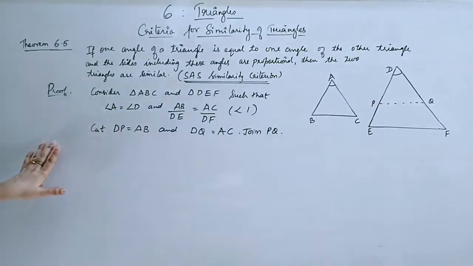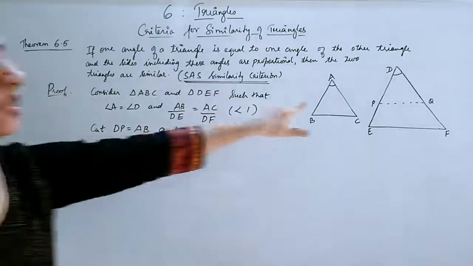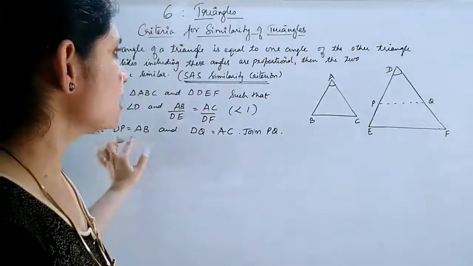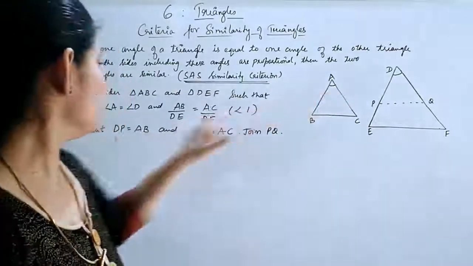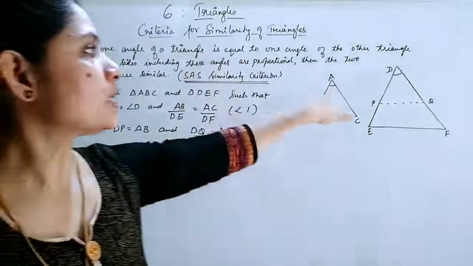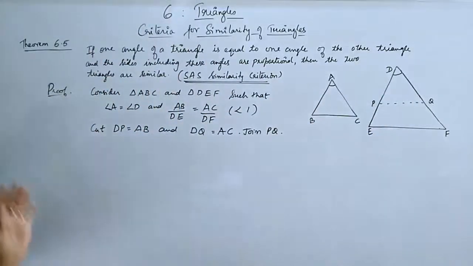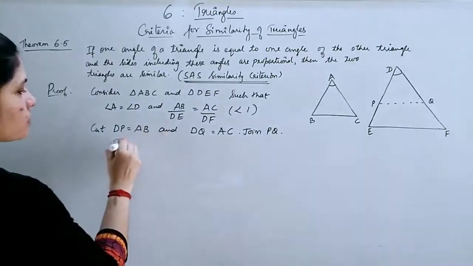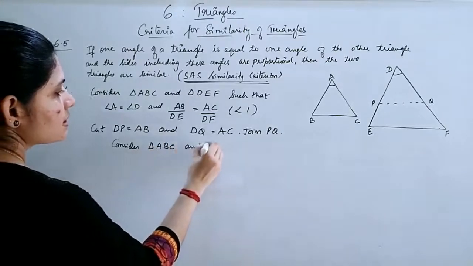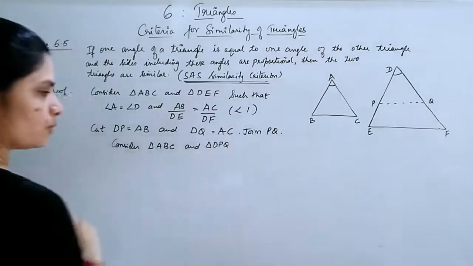Now our purpose is to show that these two triangles are congruent. For that, we have AB equal to DP, AC equal to DQ, and the included angles are equal. So by SAS congruency, the two triangles ABC and DPQ are congruent. Consider triangle ABC and triangle DPQ.